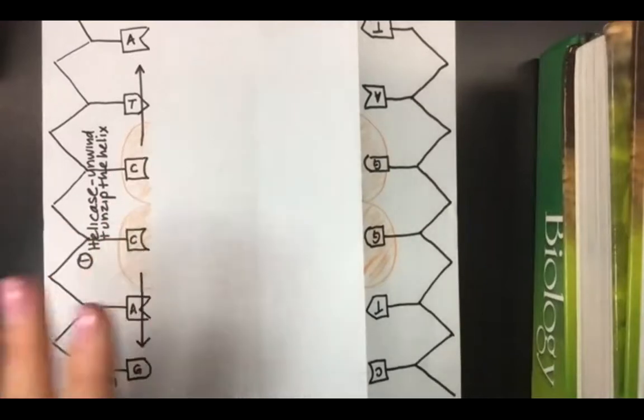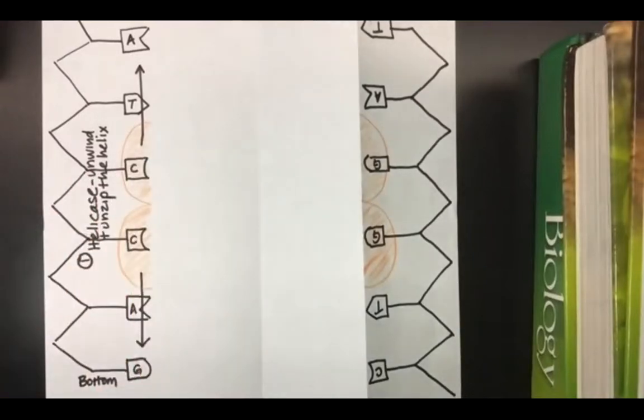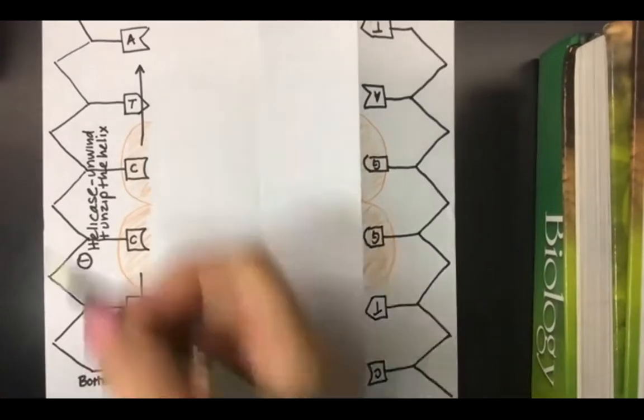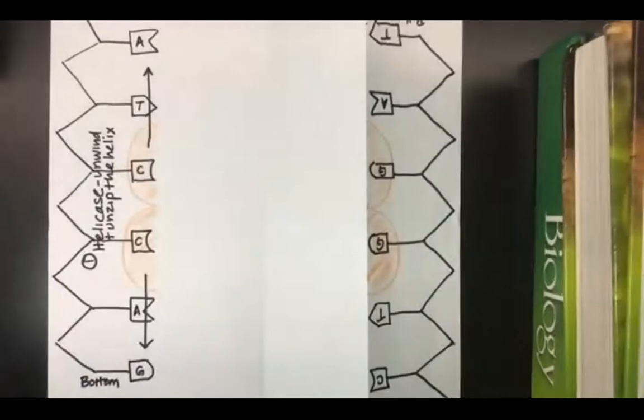Now, the other problem with this is that when I unwind and unzip the DNA, it wants to go back into its double helix. So we're going to have a second set of workers, another color, I'm going to use green, that are going to hold on to that replication bubble, holding it open like this.